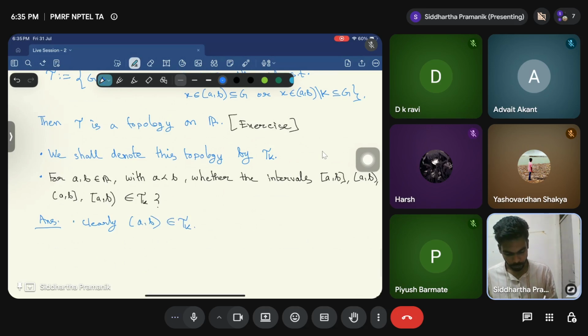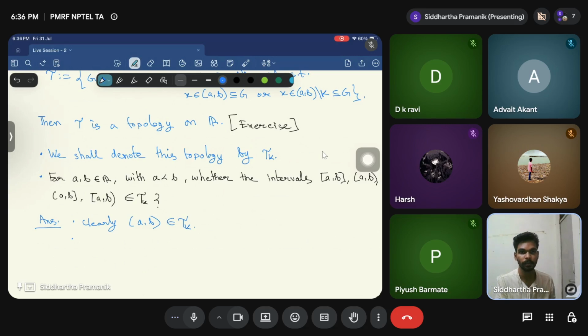But what about the other kinds of intervals? What do you think? So, closed intervals belong to tau k.